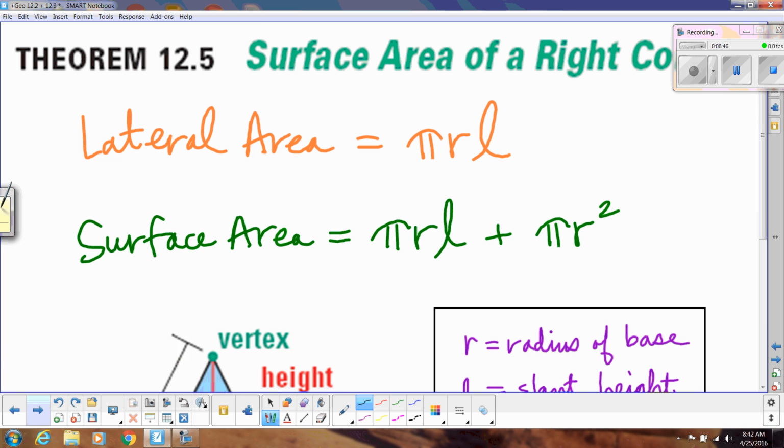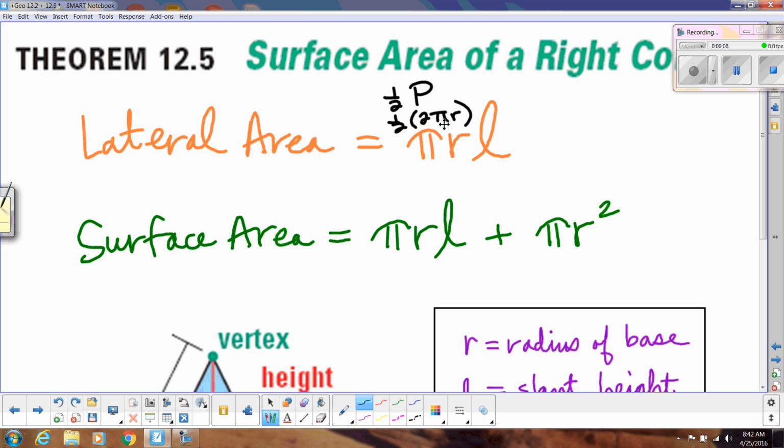And again, so we're going to have pi RL, so instead of 1/2 our perimeter, remember a perimeter of our base would be 2 pi r, and if I take half of that, it's just going to be pi r.